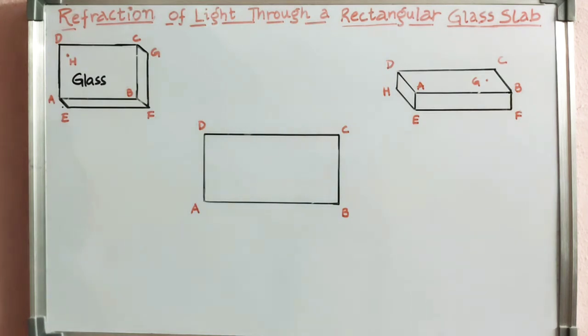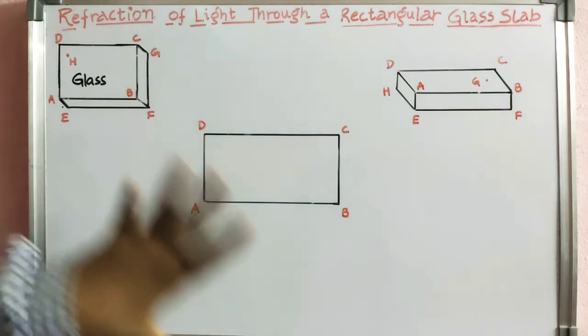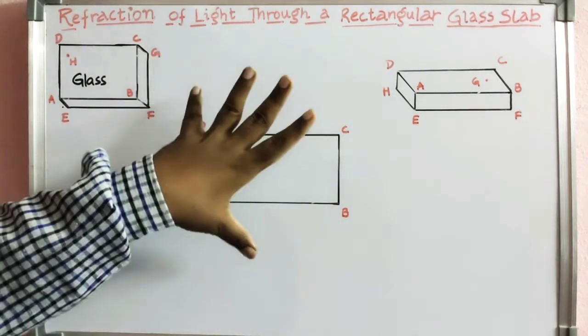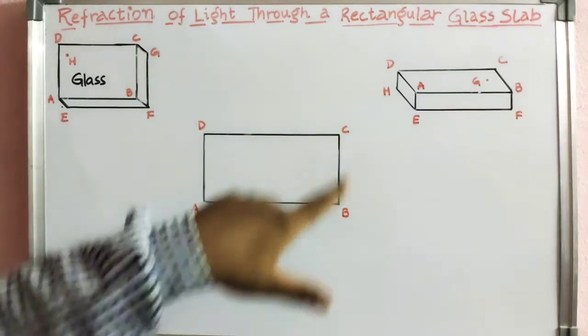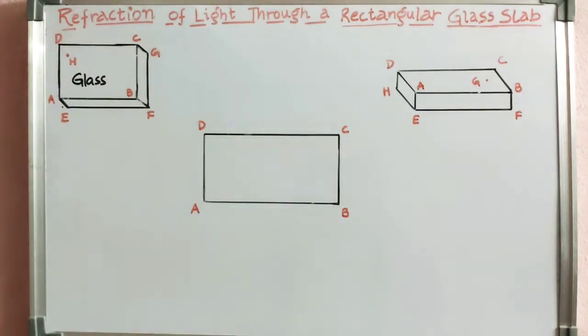Next, place the glass slab at the center of the page and take the outline of the slab.